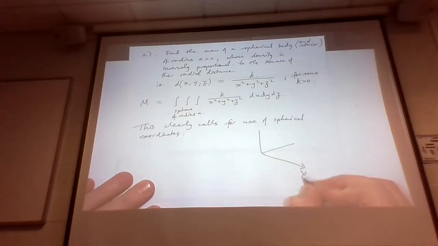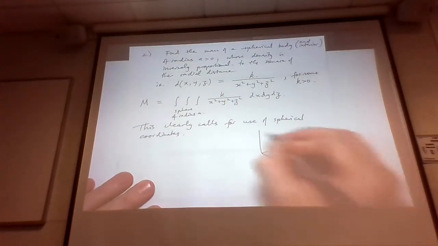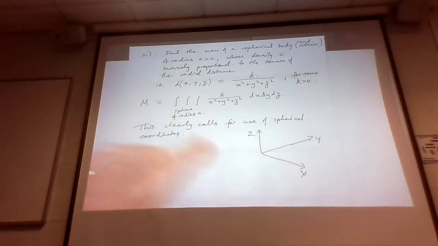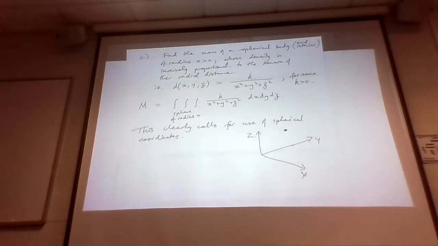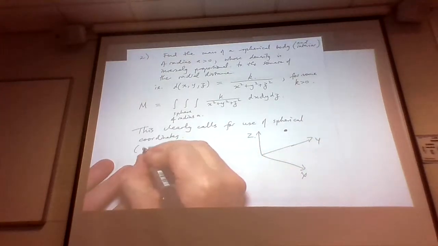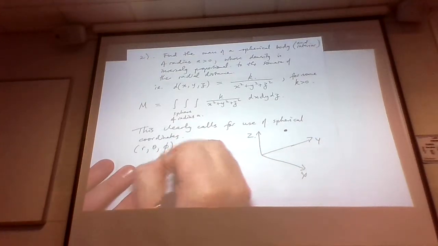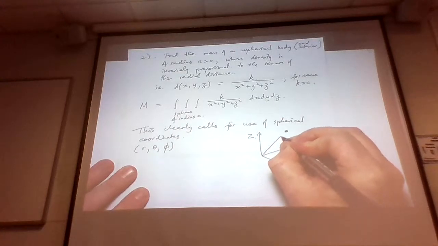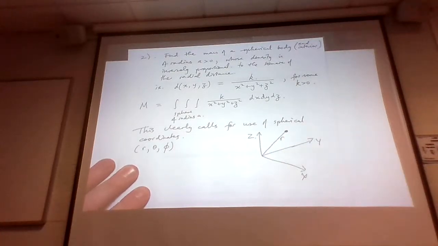Now, let's remind ourselves of what the spherical coordinates look like. There's the three-dimensional Cartesian coordinates. A point out here, hovering in the middle of the room. There's the origin down there in the bottom corner. So the spherical coordinates are r, theta, phi. r is the length of the radius.